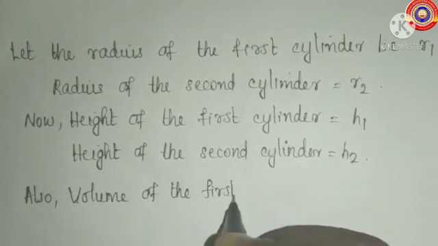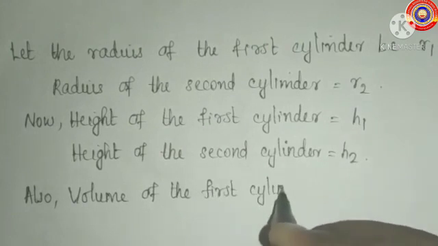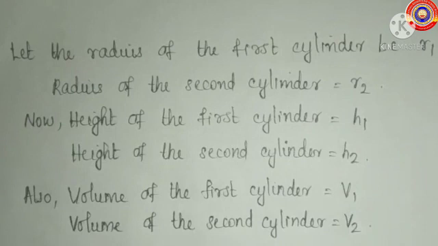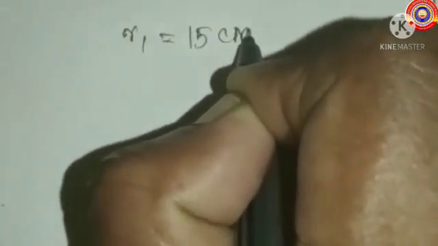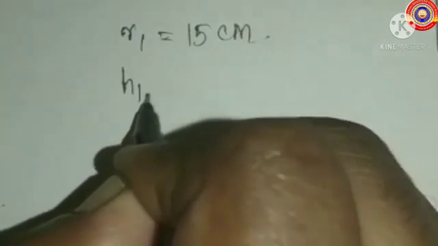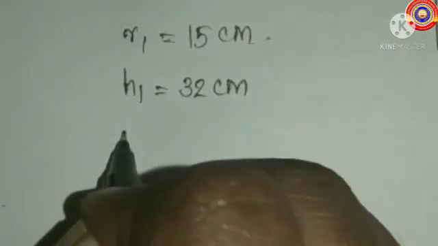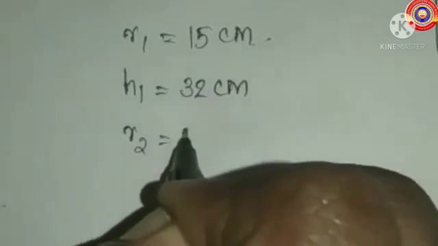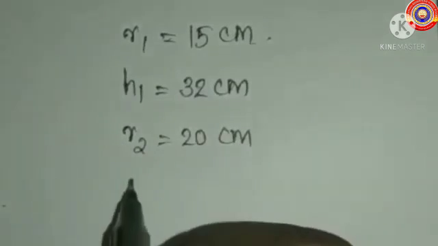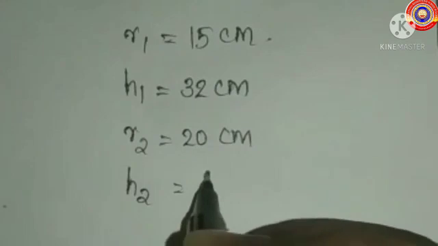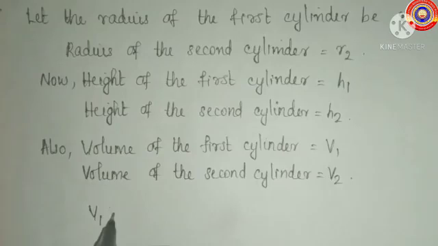Also, volume of the first cylinder is V1 and volume of the second cylinder is V2. Now, it's given in the question that R1 is equal to 15 centimeter. Right. Now, H1 is equal to 32 centimeter. R2, the radius of the second cylinder, is 20 centimeter, and we have to find the value of H2.